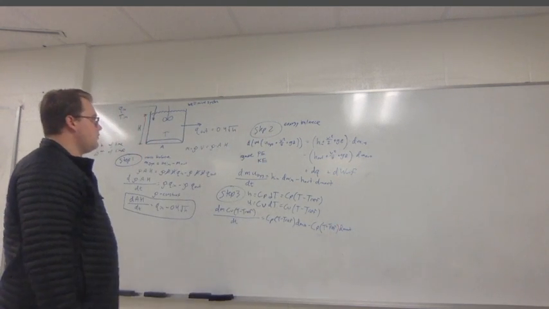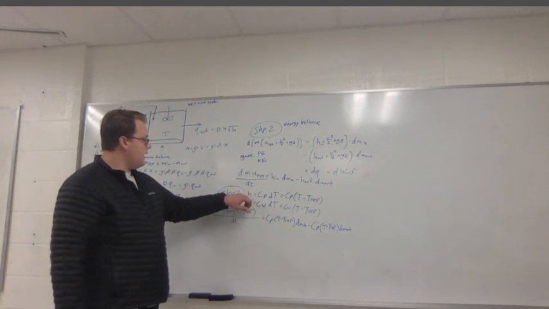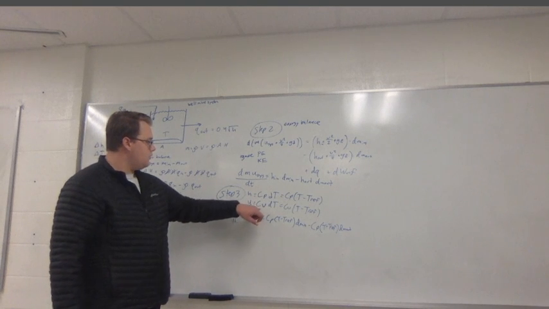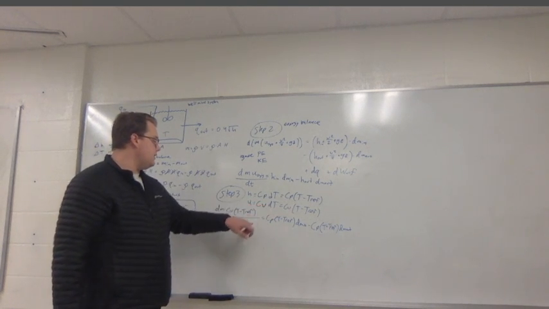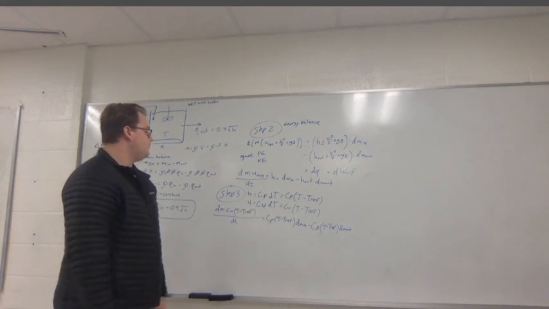So that's taking enthalpy and internal energy equal to Cp dT and Cv dT, and plugging that into my equation that I derived from Bernoulli's equation.